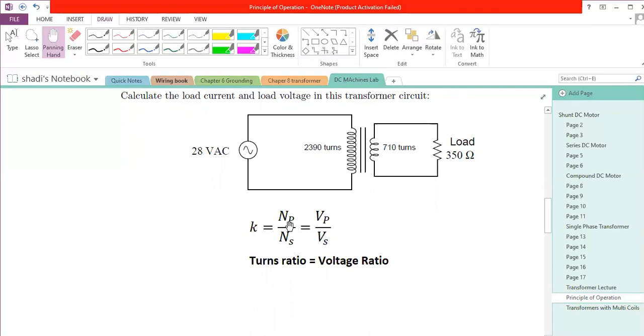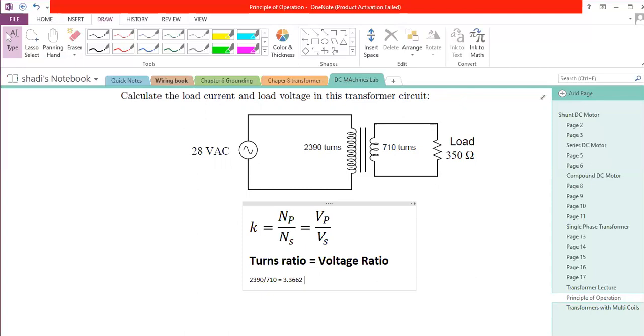So the number of turns at the primary over the number of turns at the secondary, we call it K. If I want to calculate it, K equals 2,390 over 710, and this will be equal to 3.3662. So this is the turns ratio.